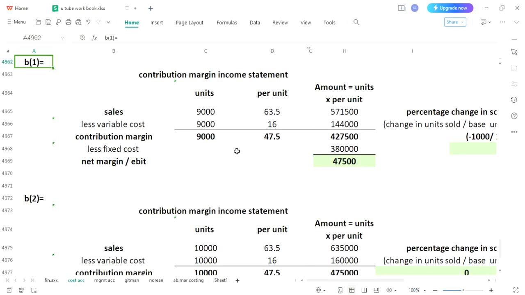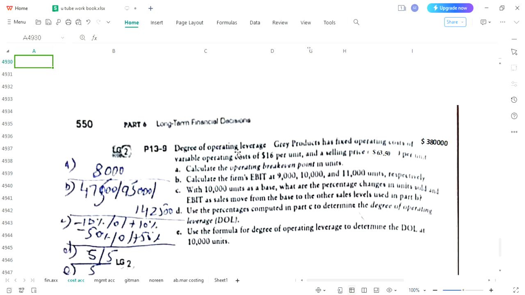So you can see the first part of C has been calculated, where you were supposed to calculate your percentage change in units sold. Please focus here. You have calculated the percentage change in units sold, and we are also required to find EBIT as well. So the percentage change in EBIT is also needed.